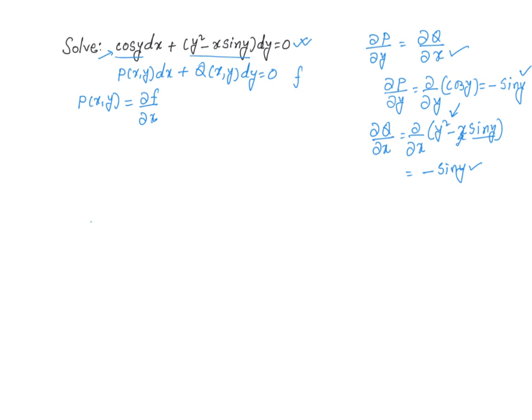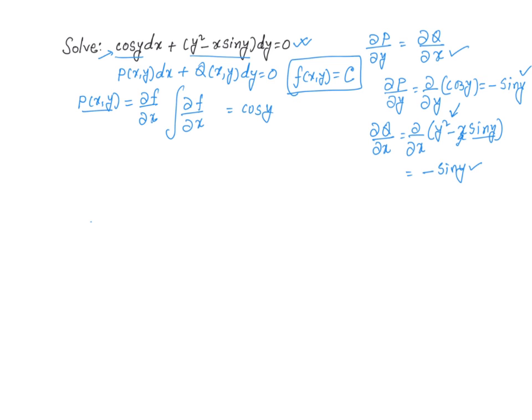The solution format is going to be f of x comma y equal to some constant. Now, p of x comma y we know, which is cosine of y. So in essence, del f over del x is equal to cosine of y.